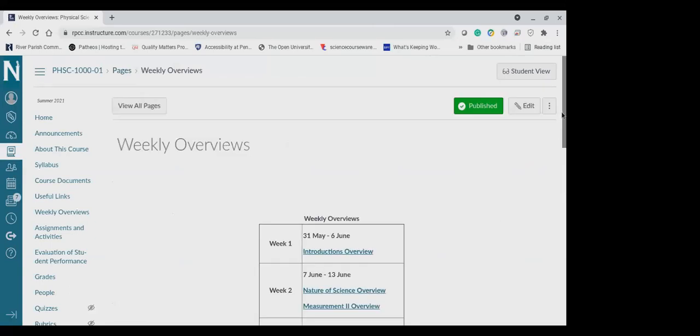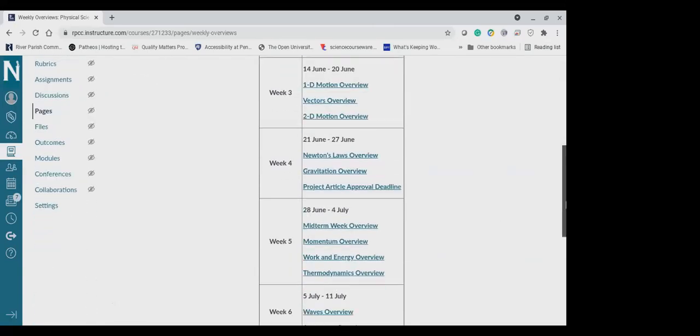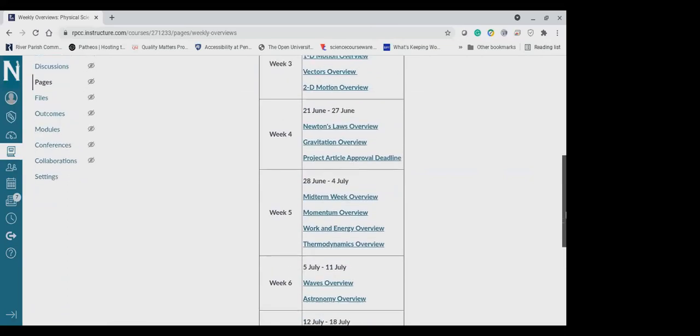All right. So here we are, the weekly overviews. You can see this week we have two overviews to cover: Newton's laws and gravitation, and the project article deadline. So we'll deal with gravitation and the project article approval on Wednesday.